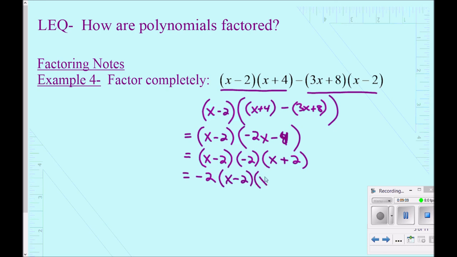If I put the number in the front, I don't need the parentheses anymore. I can just leave it as negative 2. It's not wrong if you keep the parentheses, but you don't need them in the front. If I kept it in the middle, I would want to keep the parentheses because it's negative 2, not subtracting 2. So that is my final answer.